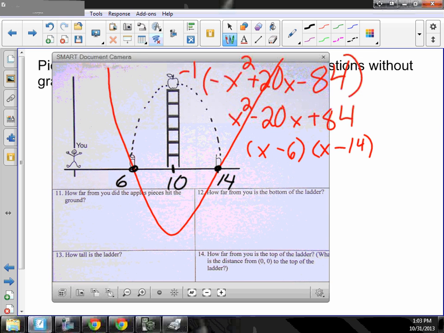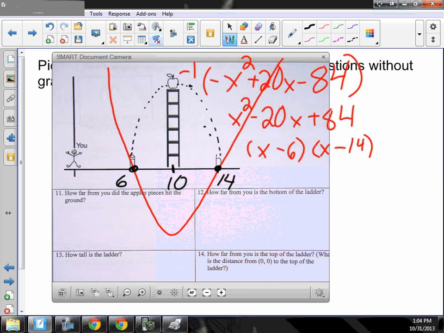How would we figure that out? What are we really looking for in that parabola? We're looking for the maximum. And we know where the maximum occurs on the x-axis. So if we plug in 10, we should get a y value that provides us with the maximum. So which function do I plug the 10 into? Does it matter?